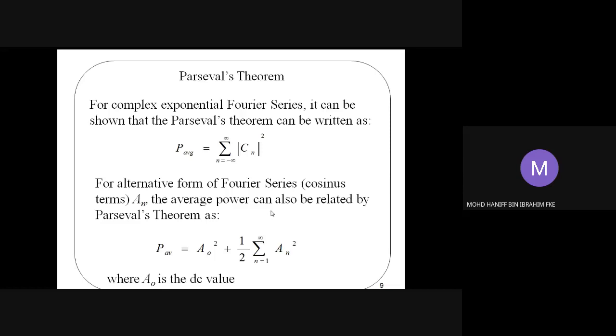These are the formulations used in calculating the average power of the given signals. If you want to calculate the average power, first you have to know the coefficients of the Fourier series terms. These are the things to be understood in the Parseval's theorem concept.